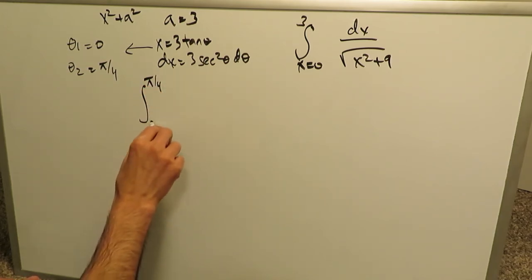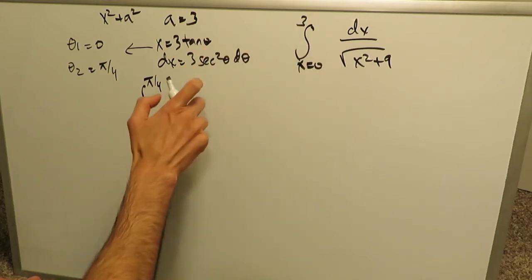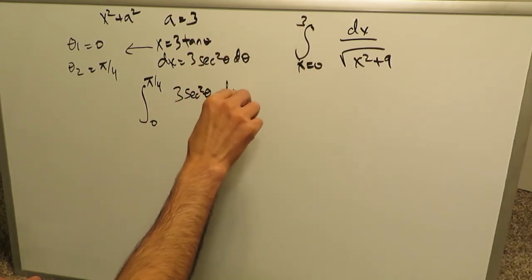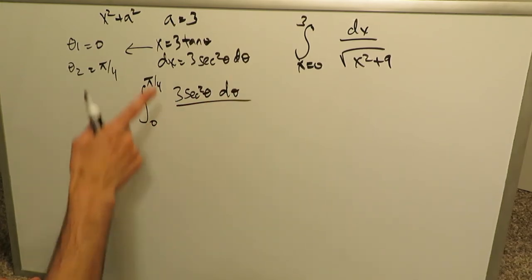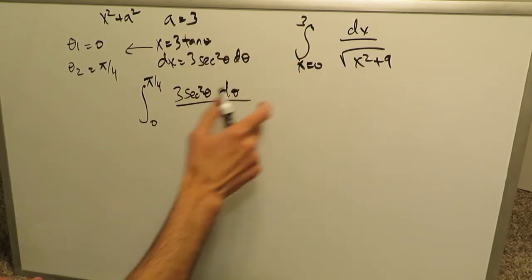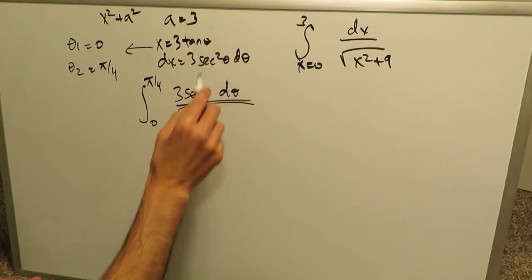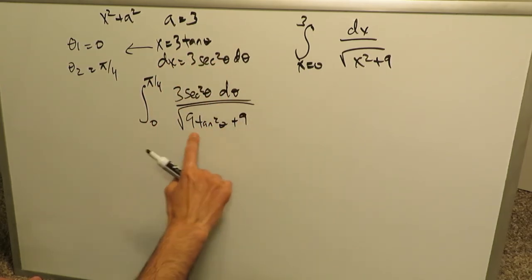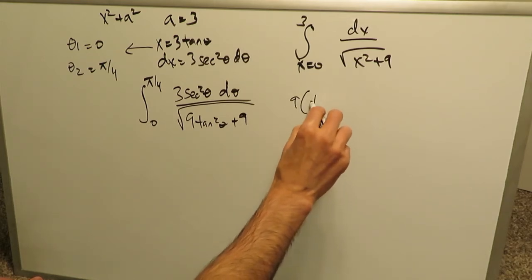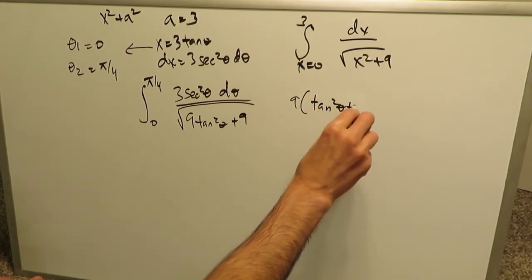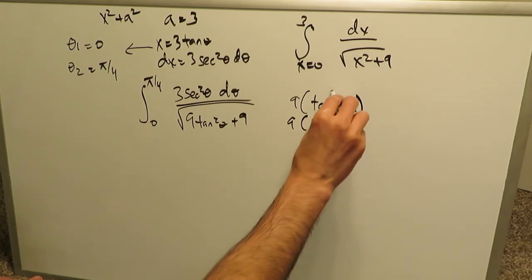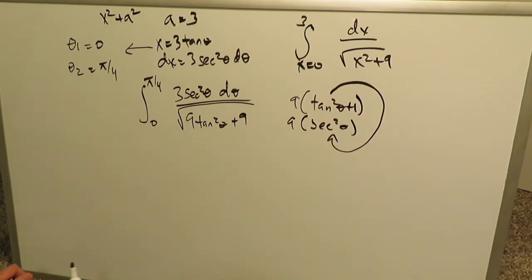Pi over 4 and 0, dx is 3 secant square theta d theta. The square of 3 tan theta is 9 tan square theta, plus 9. Look at this part: 9 into tan square theta plus 1 is 9 into secant square theta, because a certain trigonometric identity gives you that.